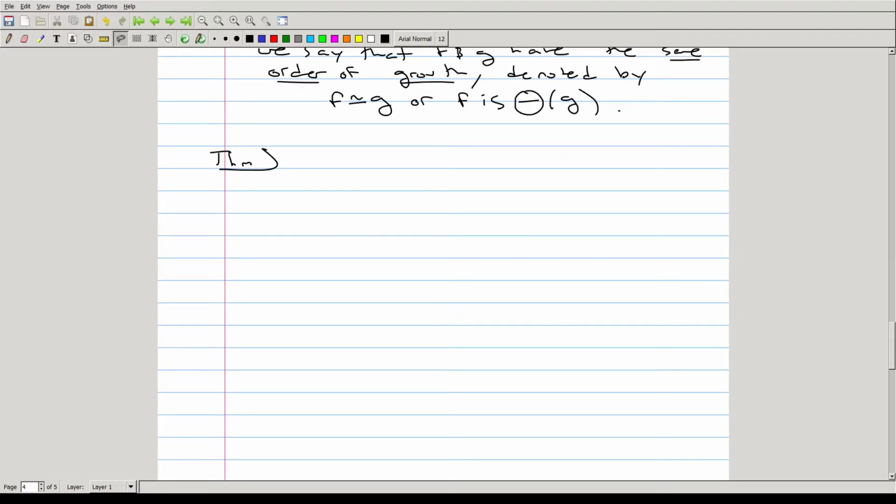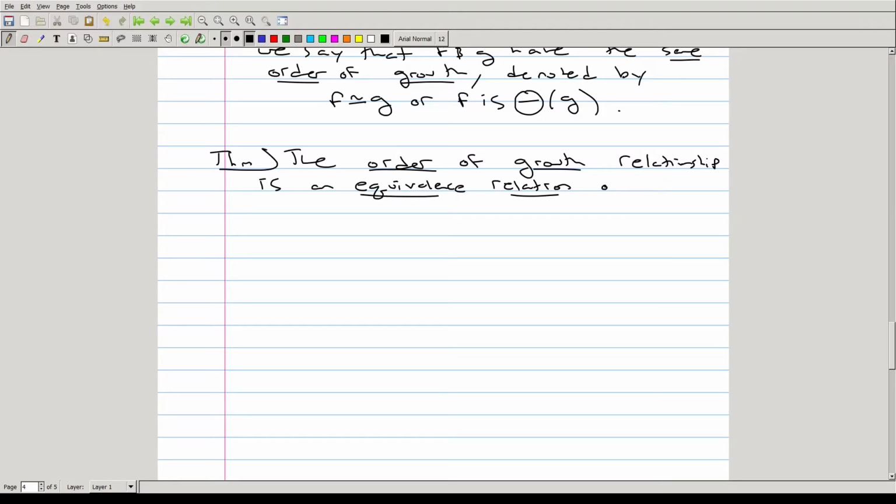And what's really neat here is that the order of growth relationship is an equivalence relation on the function space considered.